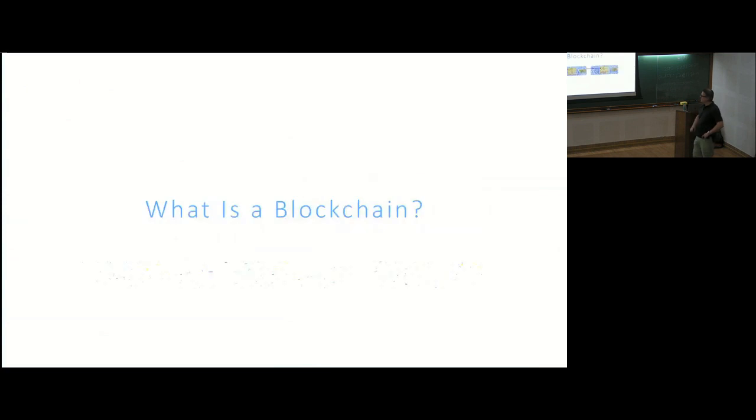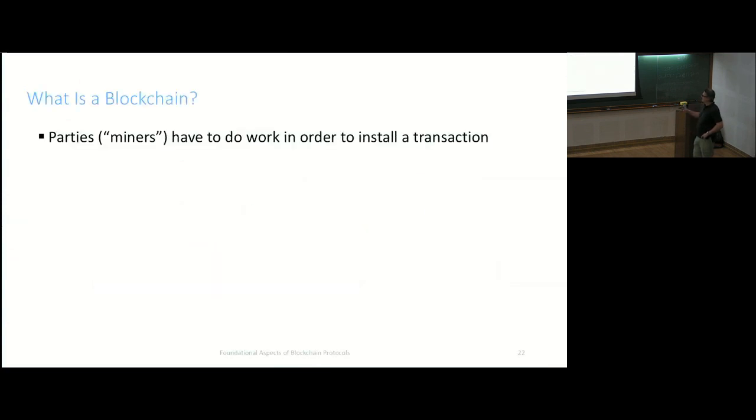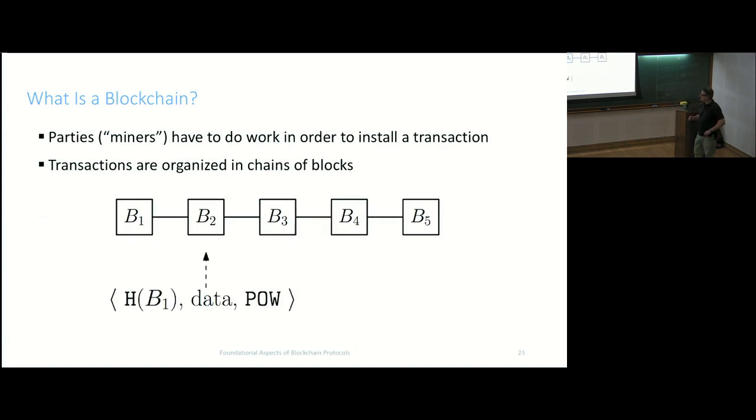So what is a blockchain? We already saw: parties, the miners, do work to install transactions, organized in chains of blocks. They look like this. You can think of a block as having this structure: hash of B1, a link to the previous block, data, and then a proof of work, which we'll define more formally.